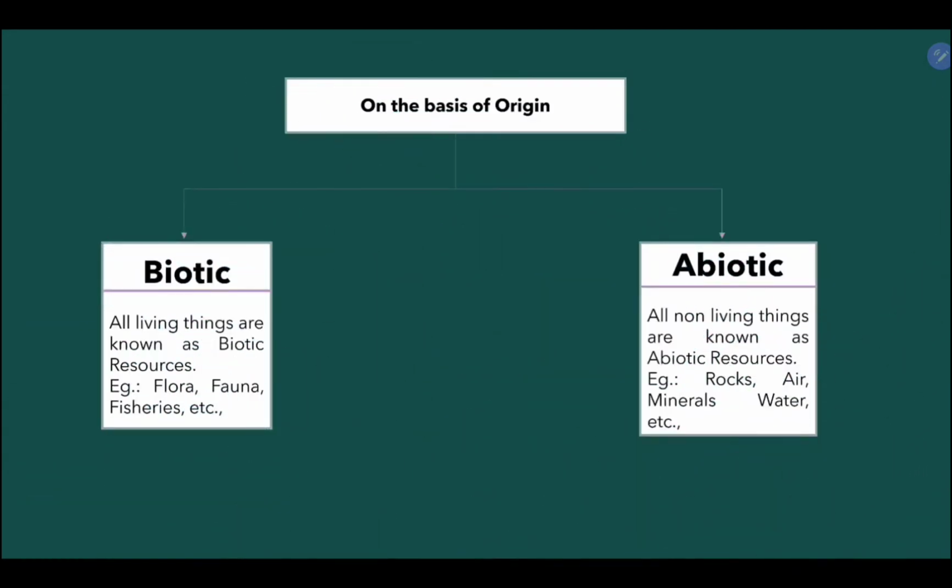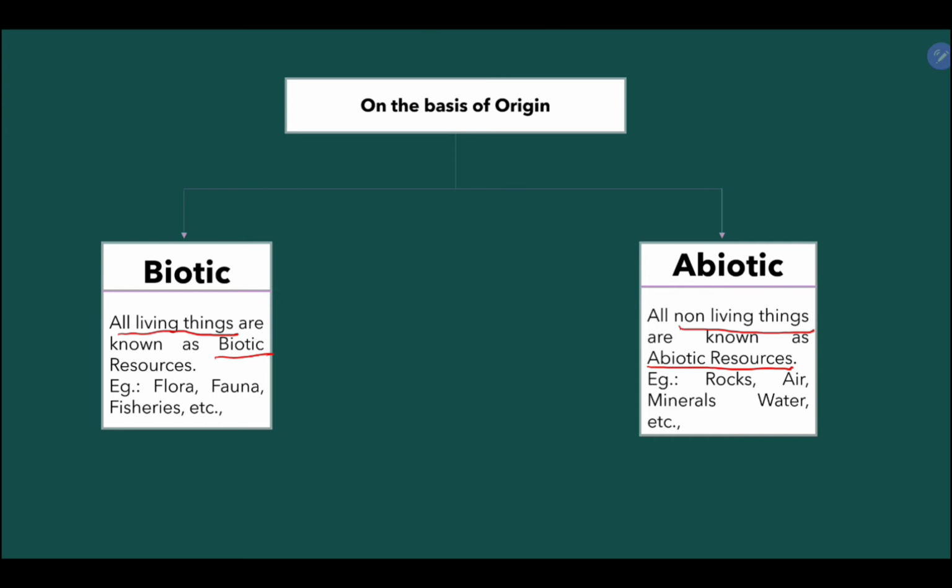Now the first one is on the basis of origin. All living things are known as biotic resources. Then all non-living things are known as abiotic resources.